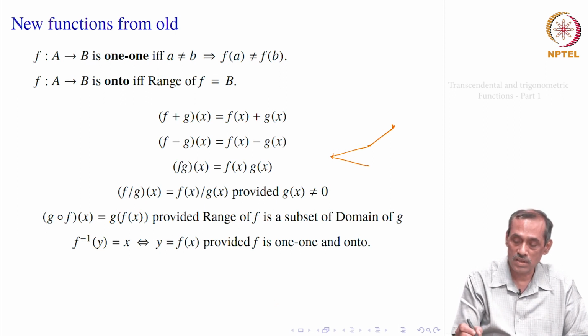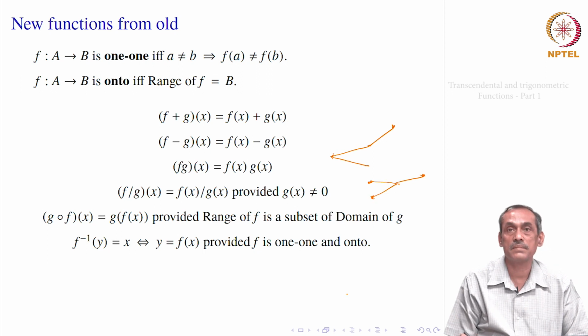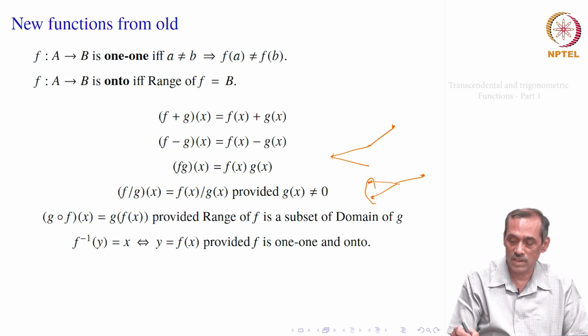If f is not 1 to 1, there are 2 points which go to the same point and g then acts, and that becomes identity. So, identity means this and this have to be identified. Similarly, this and this have to be identified. So, all these three are the same. So, it has to be 1 to 1. Similarly, onto also will come.